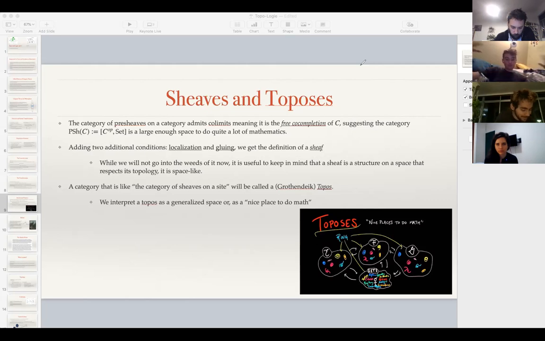I'm going to take a bunch of these different open sets, or whatever I want to call them, and glue them all together in a consistent way, such that the internal logic of it is preserved. So they agree on the intersections. This is something called a sheaf, which is basically a presheaf that has a little bit of extra topological flair.